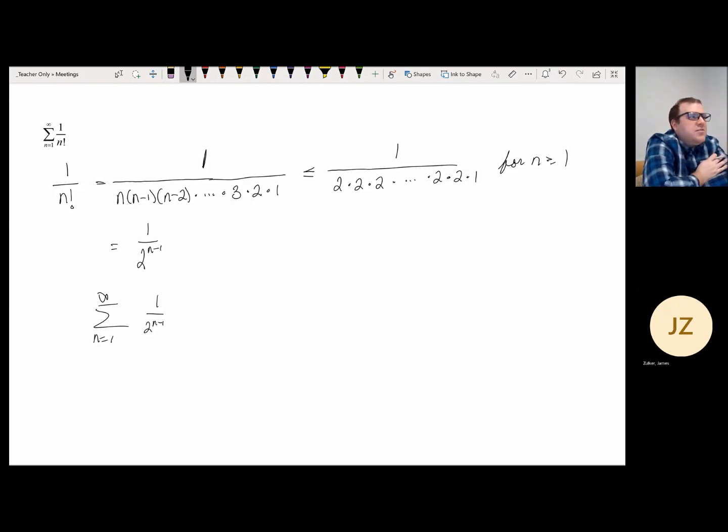Take a look at this series. Series n equals 1 to infinity of 1 over 2 to the n minus 1 is the same as the sum n equals 0 to infinity of 1 over 2 to the n.